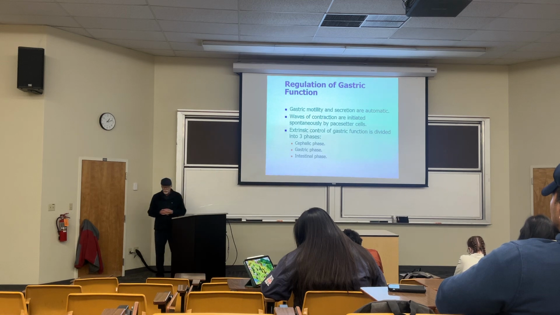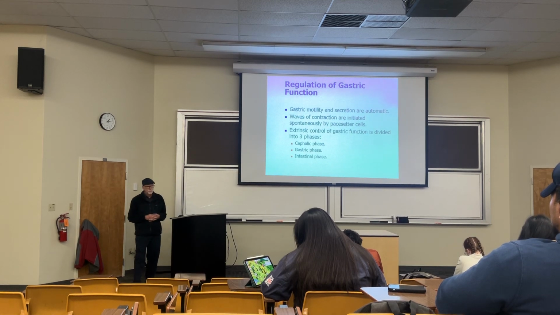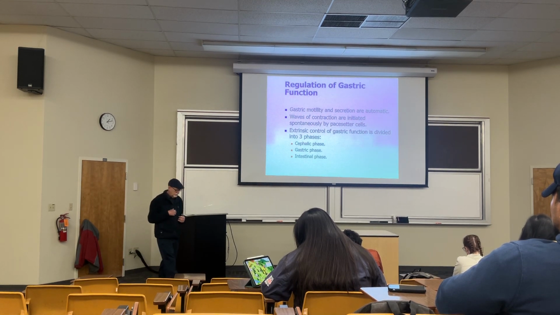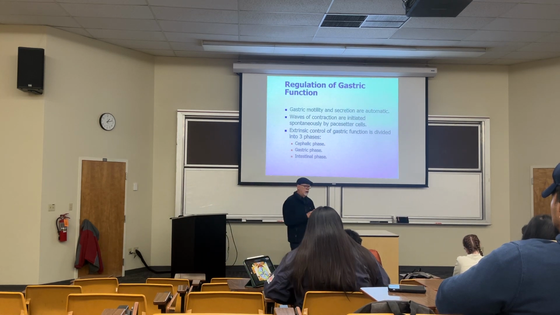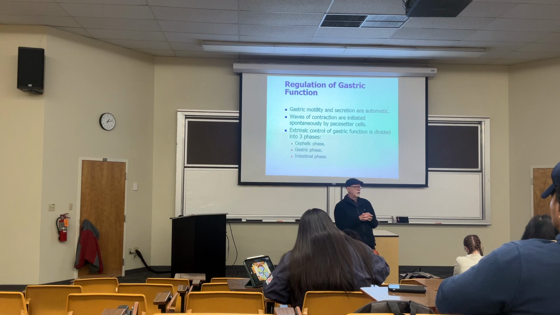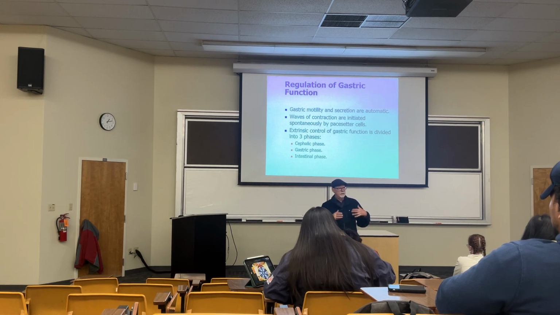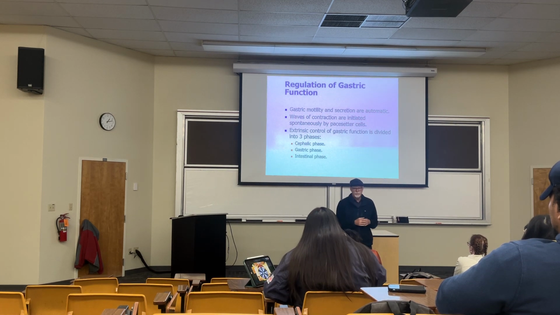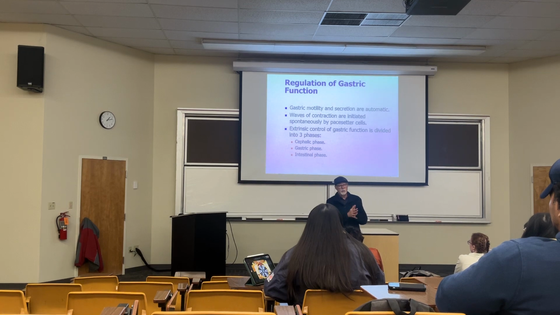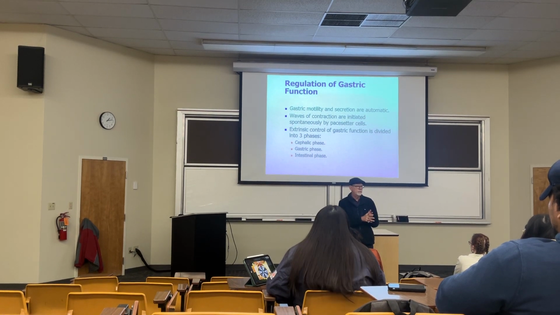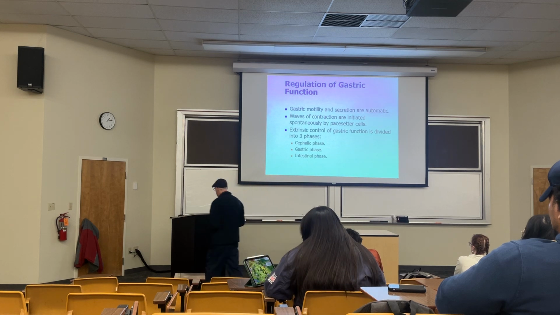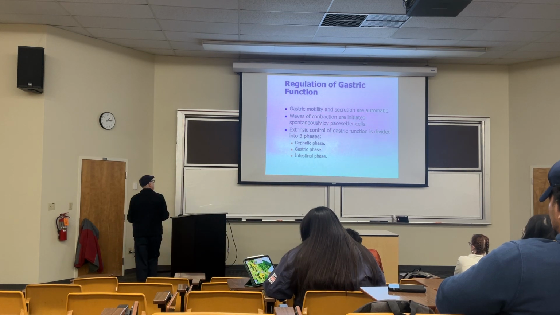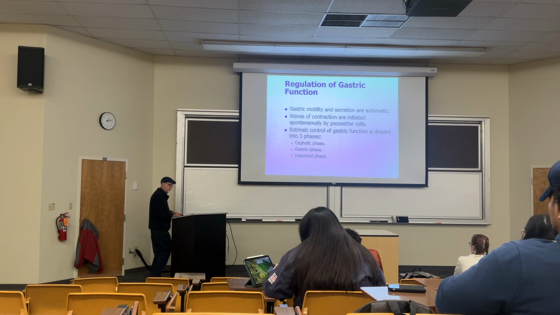Before we get into the digestion and absorption actions a little bit more fully, let's chat about some of the regulatory activities of secretion and motility and that kind of thing. And we'll start looking at the stomach, the regulation of the stomach. So gastric function.